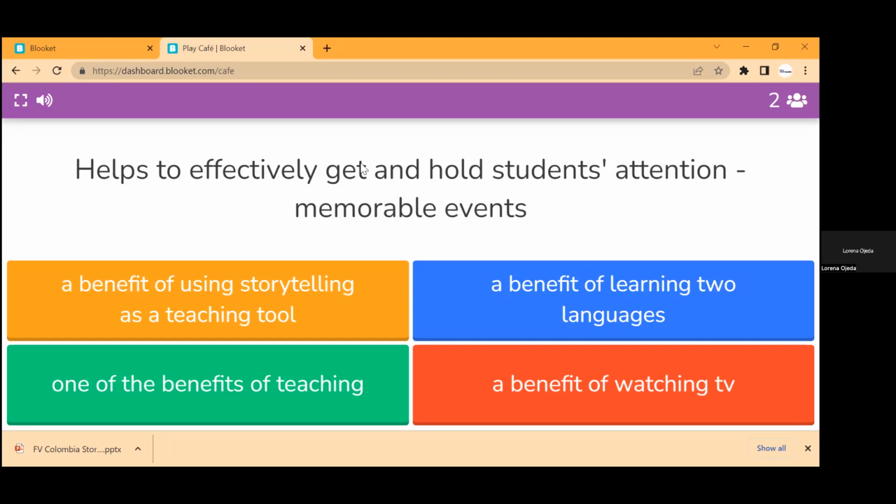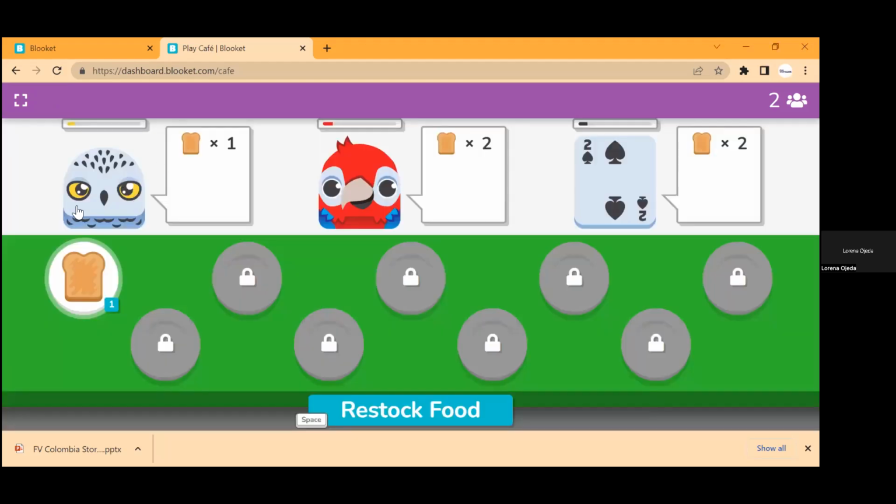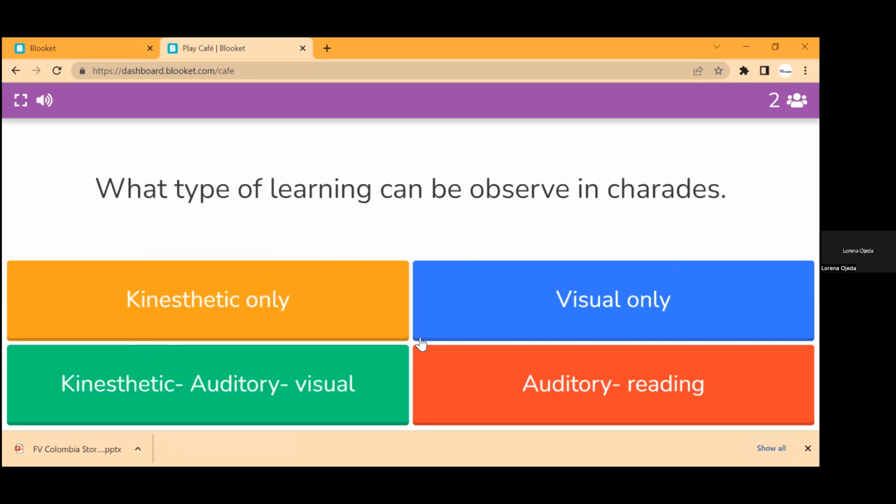Any ideas? Benefit of watching TV, storytelling. Let's see. Yellow. Yes. Excellent. Nice job. All right. So we got one sandwich for Mr. Owl. Yay. Excellent. So now we have another question.